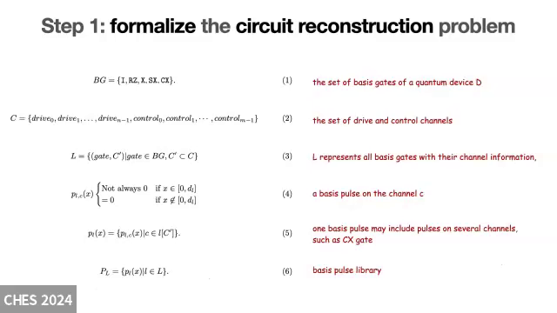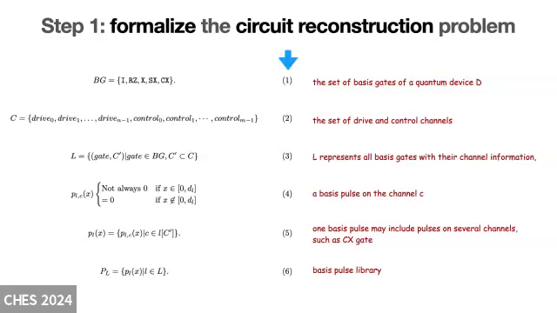First, we approach this problem by formalizing the circuit reconstruction problem. For specific quantum machines, we have priors about their pulse characteristics that map to native gates, as I mentioned. For each machine, however, these native gates and their pulse library can differ.